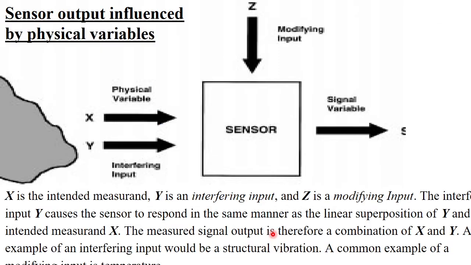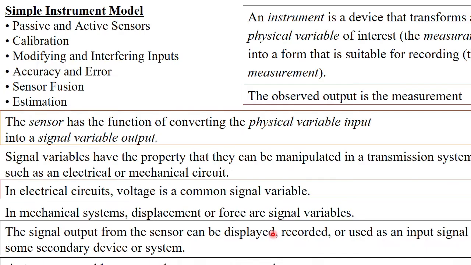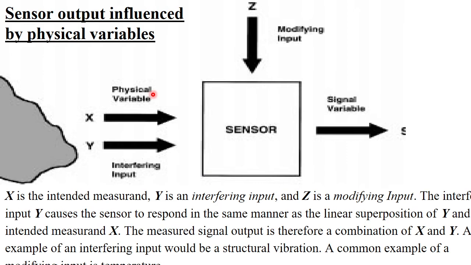Now the next part is those errors, modifying and interfering inputs. Where they are coming from is shown here. This sensor gets some input from the measurement. This physical variable is the required signal which it should provide as the output, the signal variable.